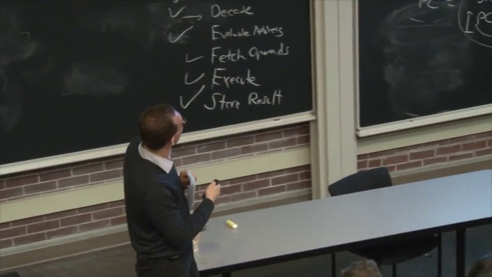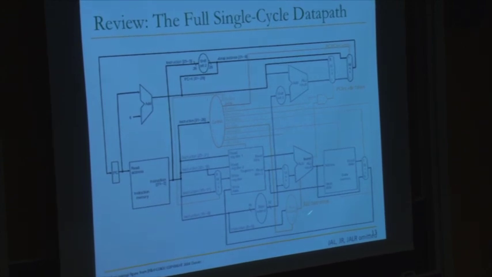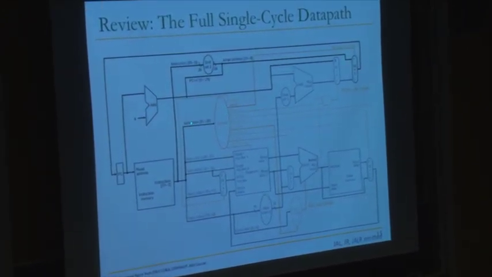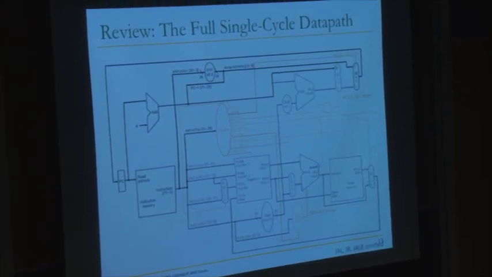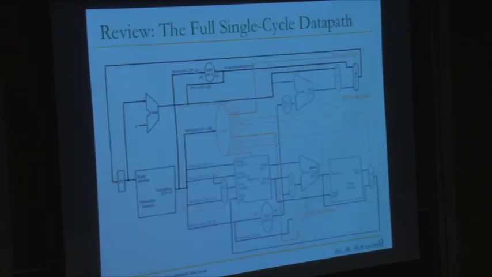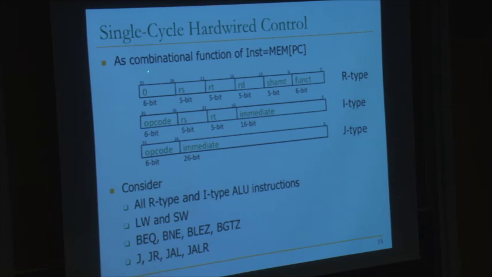Remember, this is the full single cycle data path we formed with MIPS. You have this control logic that controls the data path elements, and control logic takes as input the instruction bytes. And you have the data path elements. In your first lab, you're going to form the single cycle control logic. I'm not going to go into this in detail, but you can think of single cycle control logic as a combinational function of the instruction bytes.